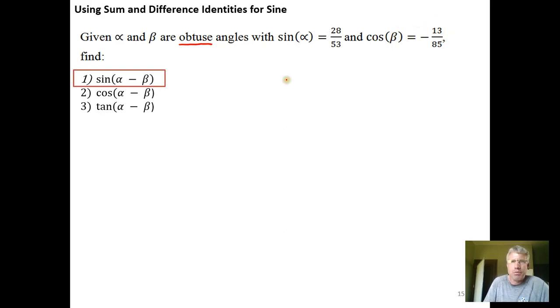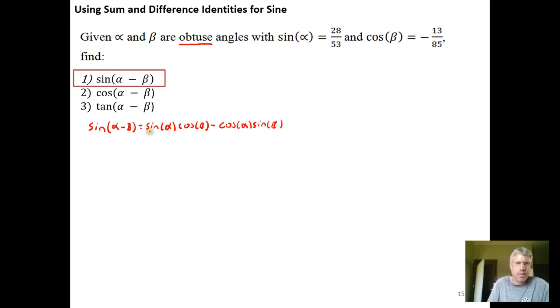So to solve the sine of alpha minus beta, we can use the difference identity for the sine function, which is just going to be sine alpha cosine beta minus cosine alpha sine beta.